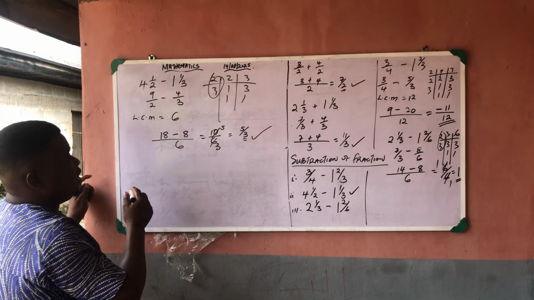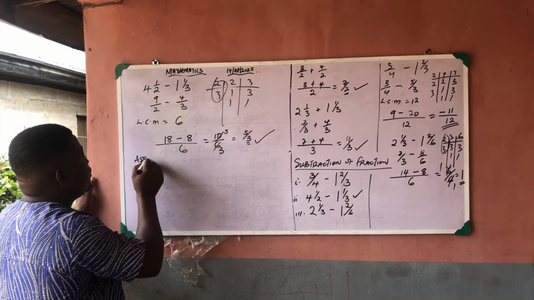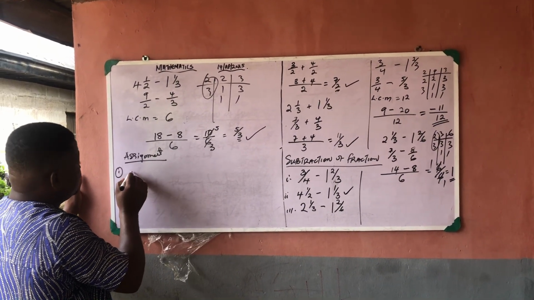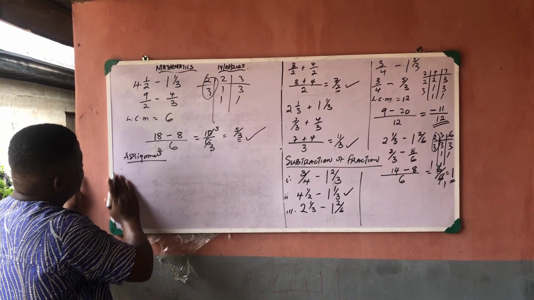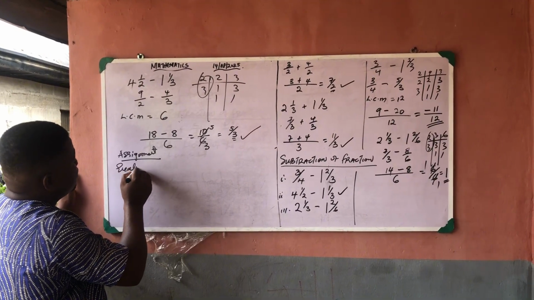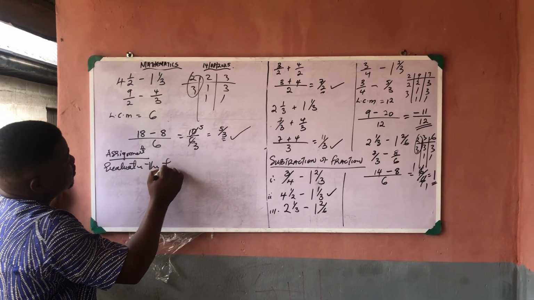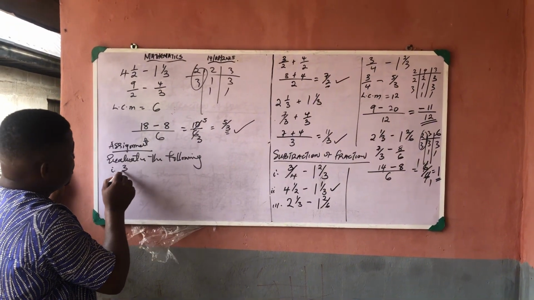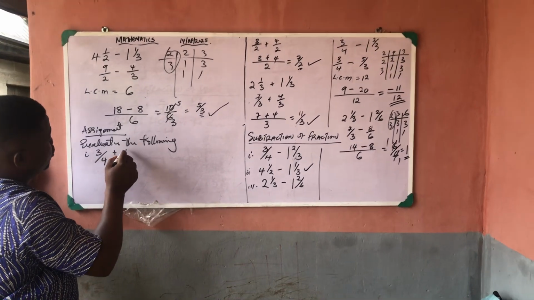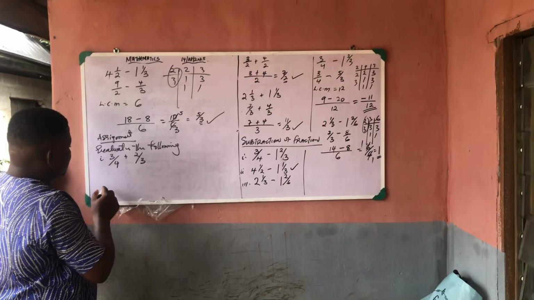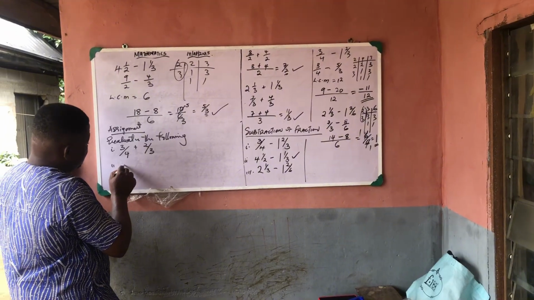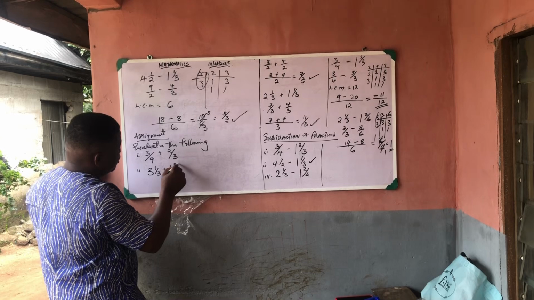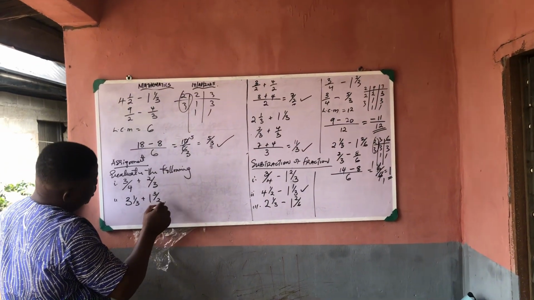Now, this is the correction. I'm giving you assignments. So you have to correct yourself. Number one, evaluate the following. Number one, let's say 3/4 plus 2/3. Number two, 3 whole number 1/3 plus 1 whole number 3/2.